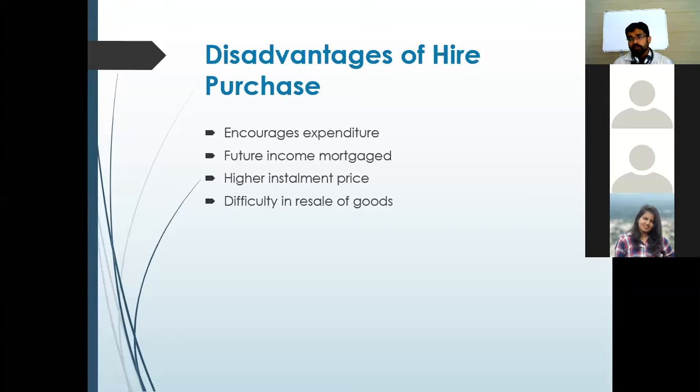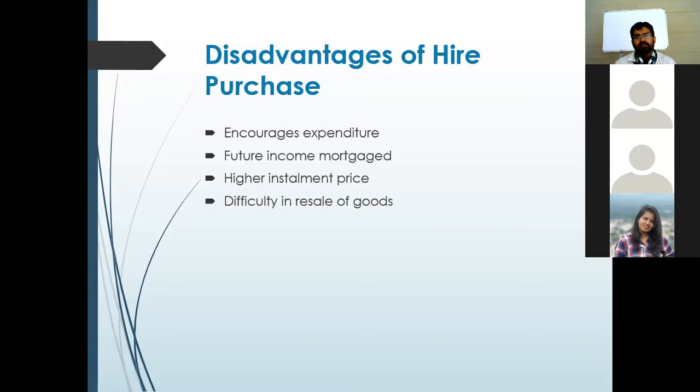Okay, when you make a payment using your credit card and you choose EMIs, they charge you 14%. Okay, which is very huge. So you end up paying more than let's say 1.5 times the price that the asset actually was. Okay, you end up paying so much. So that is higher installment price.